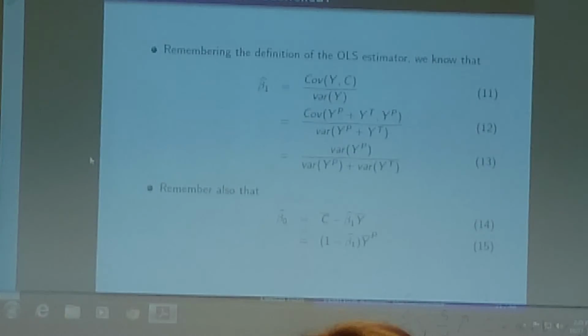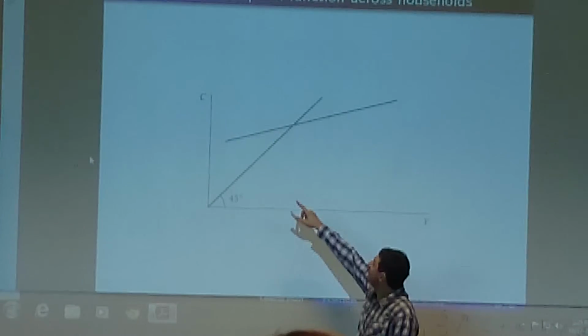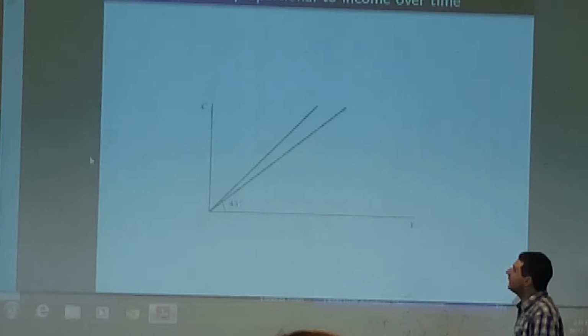It can display the Keynesian consumption function, this one, but it can also explain the consumption function that is proportional with the current income.